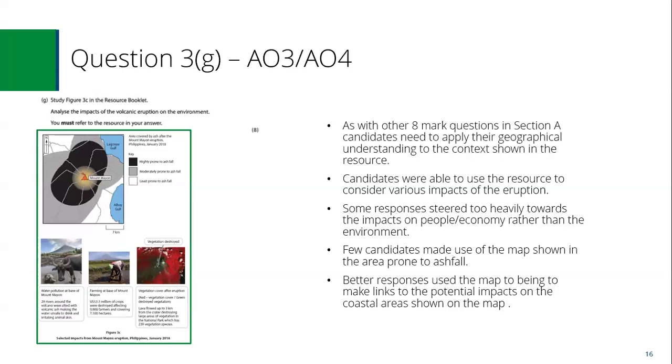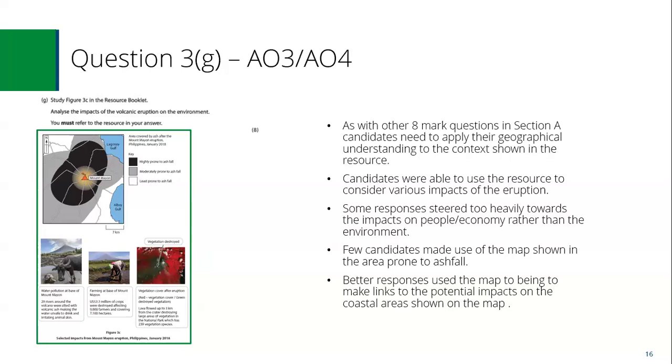As we move into 3G, this was analysing the impacts of volcanic eruptions on the environment, and it definitely required you to sort of mention the resource. As with other 8-mark questions, candidates need to apply that geographical understanding to the context shown. Candidates were able to use the resource to consider various impacts of the eruption.